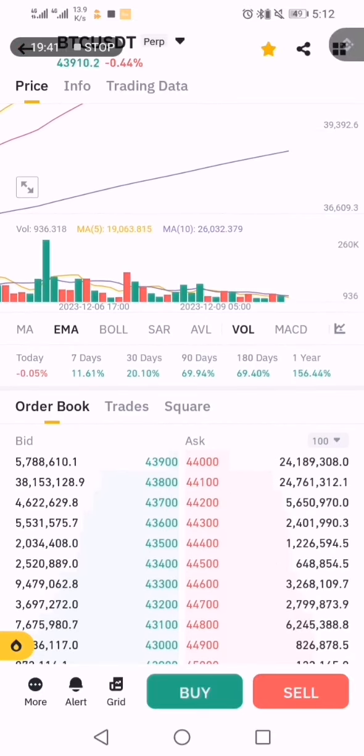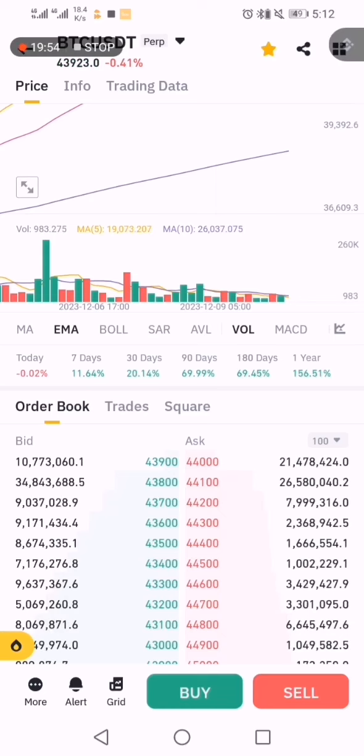Still on the order book. Sometimes if you want to get a clearer picture and refine information, you have to change the way the data is being presented. Right now it's at the multiple of 100, so we leave it there.